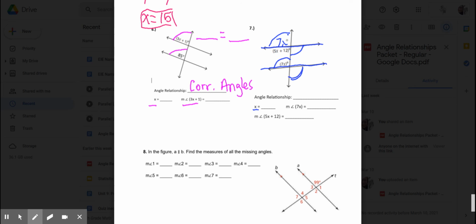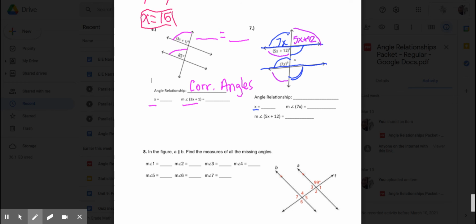So this is 7x here. The 5x plus 12, well, that's equal to this angle up here because they're vertical. It would also be equal to this one down here because they're corresponding.